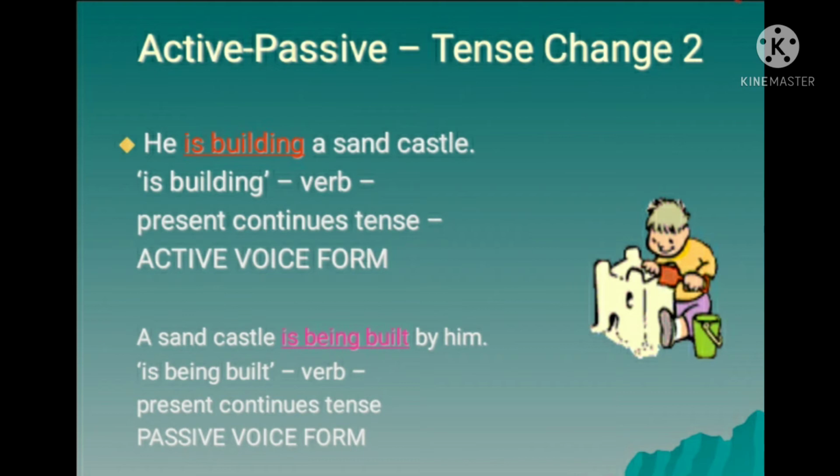A sand castle is being built by him. So being built is the verb. Now this is also in the present continuous tense. So the tense form you see, in the active voice it was in the present continuous tense. The same thing is continued even in the passive voice. That is, it is in the present continuous tense.